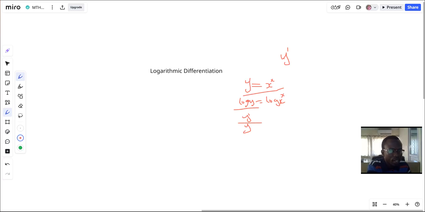Okay, let's say finally, if you are solving this, you will get x log x. Then x times log x, the derivative of x is 1, divided by the function itself.